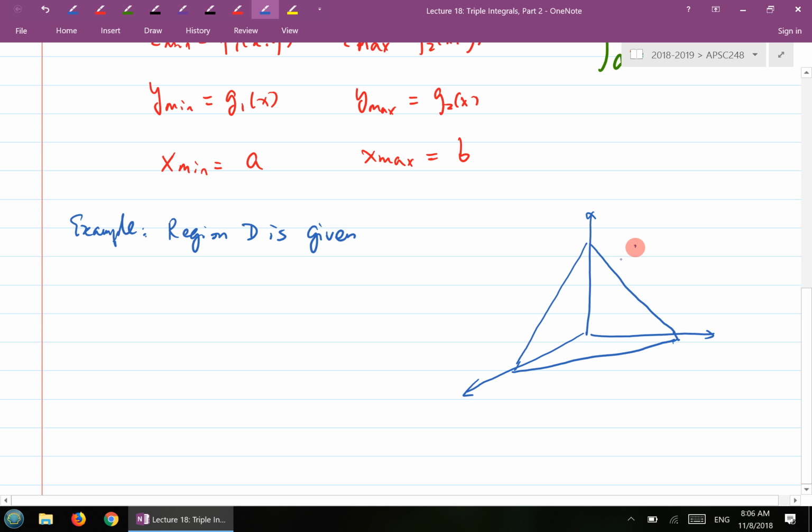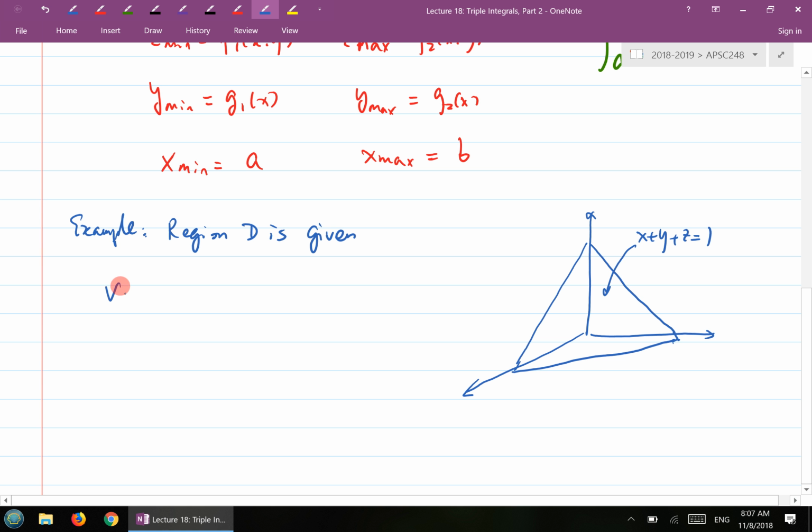This plane right here is x plus y plus z equals 1. And region D is whatever is below that plane and also on top of the other 3 sides of the walls.